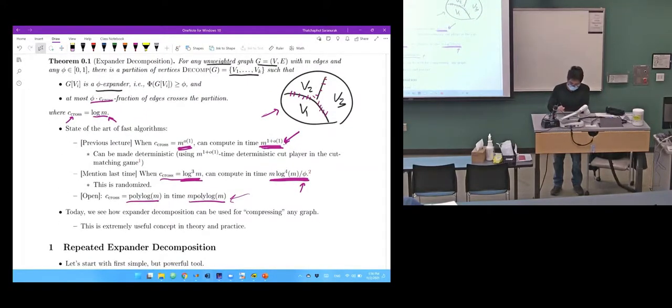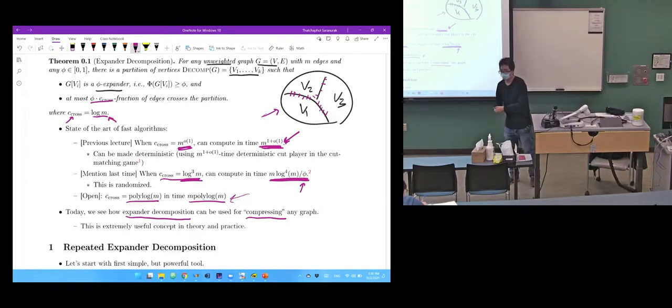Today we will see the application. We will see that expander decomposition can be used to compress graphs. Imagine that you have a graph, so there can be something like n squared edges in the worst case. But can we make the graph sparse, something like n polylog edges, but in some sense still preserve some property about the original graph?